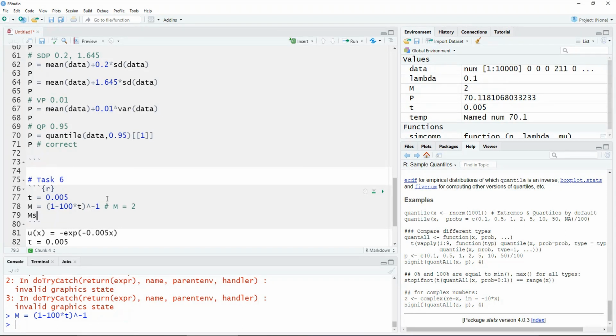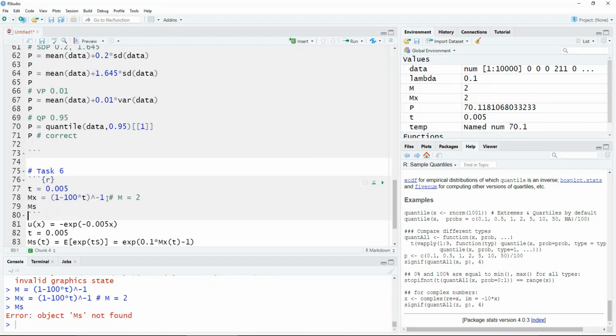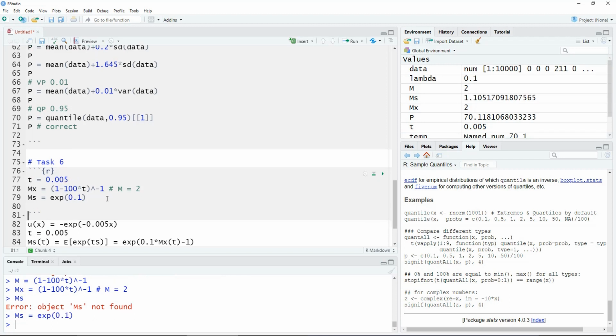Now M_S. This was actually M_X. How to find M_S? We will need to use the exponent of 0.1, I guess. M_S is 1.1 something. And from M_X and M_S we need to find the Pmax.